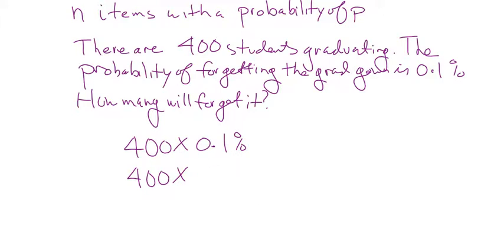You've got to calculate. How do you convert a percent to a decimal? Divide by 100, right? Percent means out of 100. So divide by 100, and what do we get? 0.001. Okay, what's 0.001 times 400?